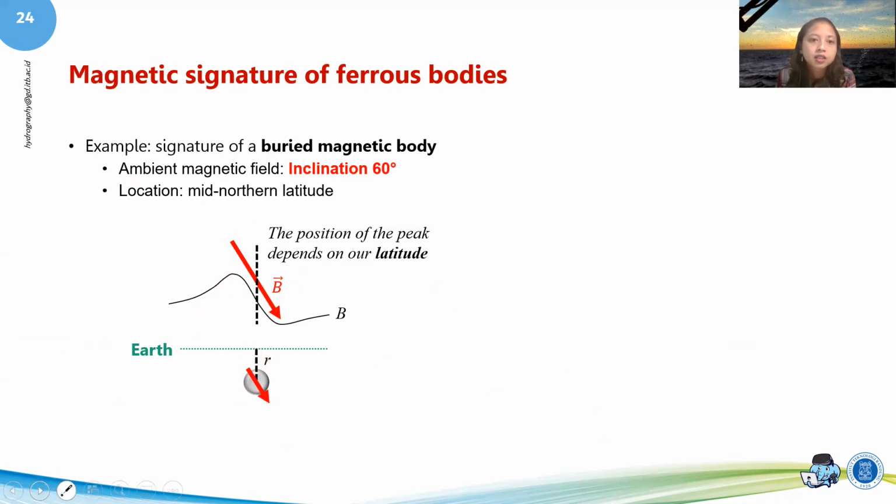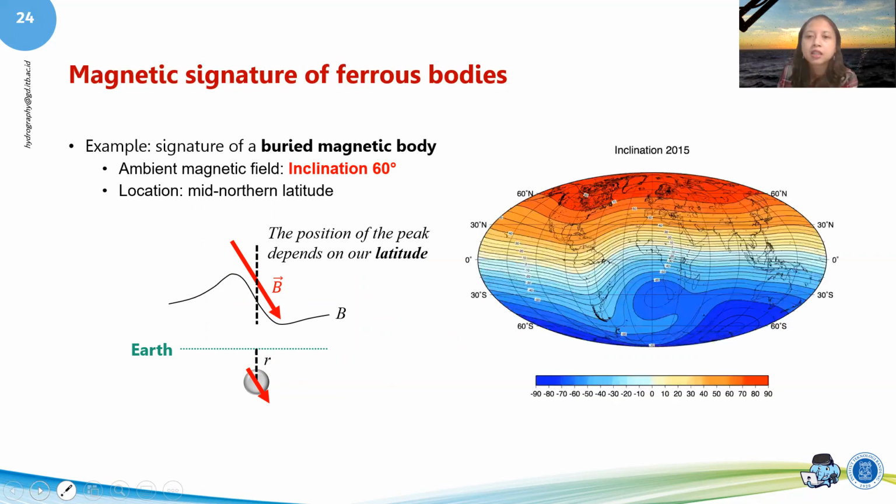That is because the position of the peak depends on our latitude. Unlike declination, which is just all over the place, inclination actually has quite a good relationship between that number, the inclination number, and our latitude. So for example, near the equator, the inclination is almost zero, while near the North Pole, it's like 80 up to 90 degrees.